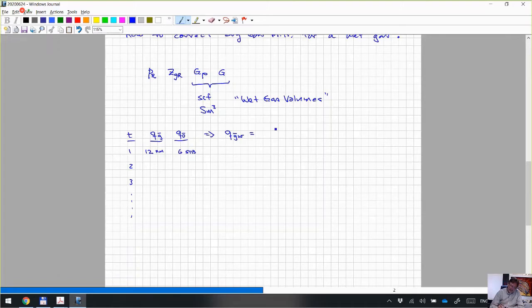It's QG wet, which is the QG dry plus the COG term, I think, times Q stock tank barrels. I'm pretty sure that's right.